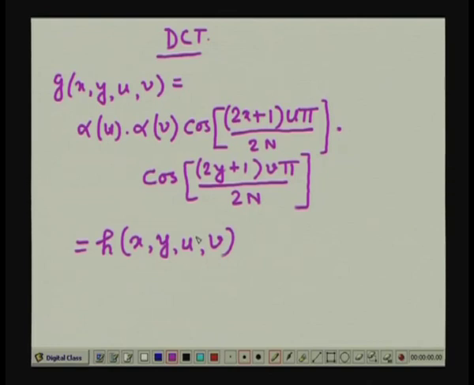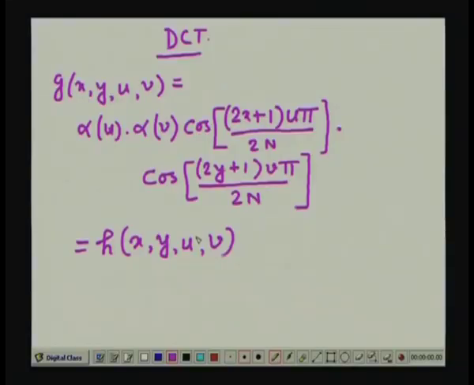So, this transformation, the discrete cosine transformation, is separable as well as symmetric, and the inverse and forward transformation kernels are identical.